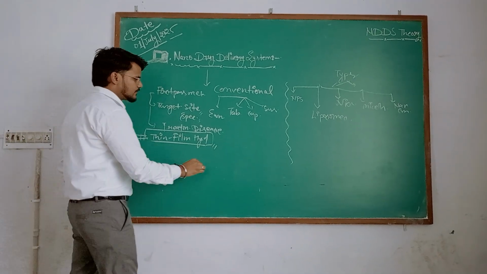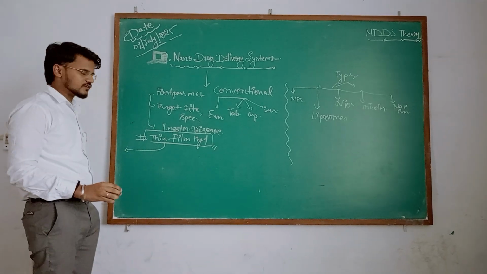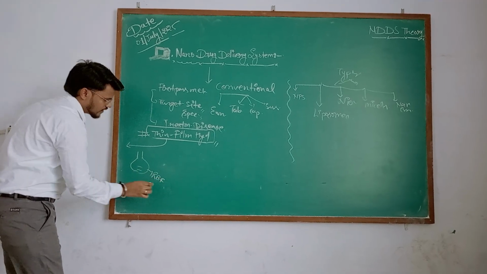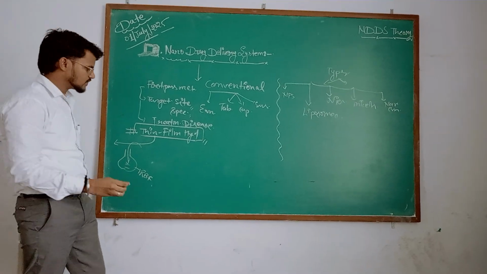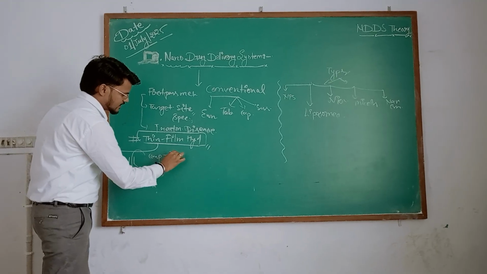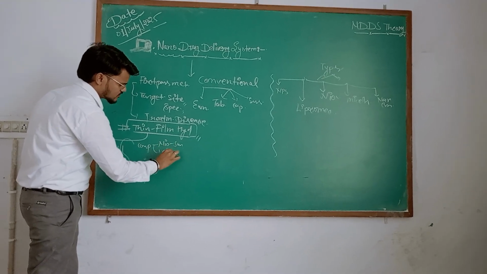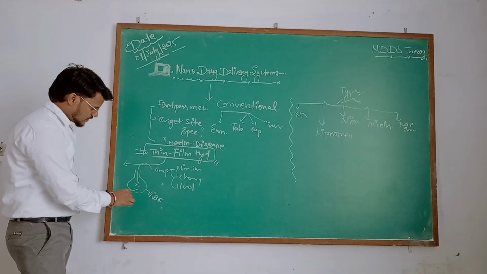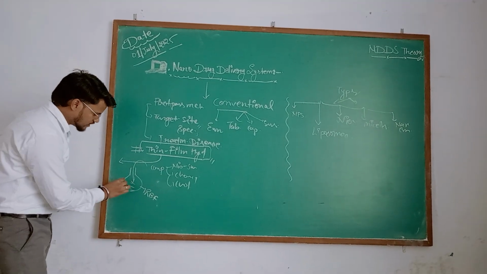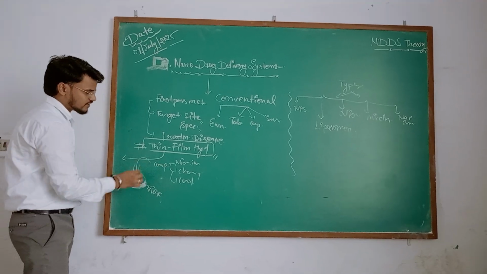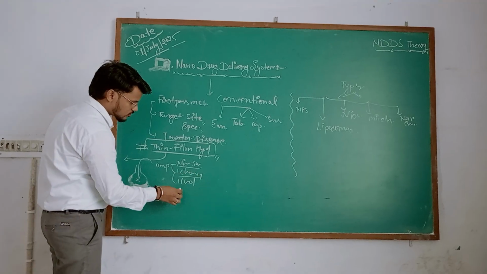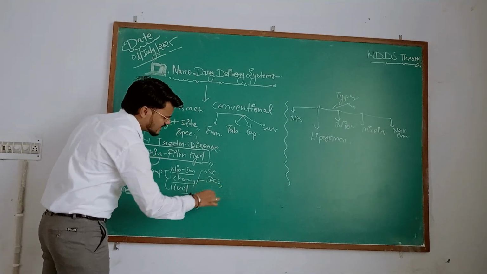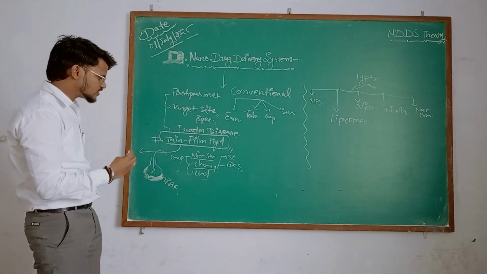In this, we first prepare the thin film on the RBF, for which we take the compositions: non-ionic surfactants, charged molecules, and cholesterol. We prepare the thin film on the wall of the RBF using non-ionic surfactant, cholesterol, and charged molecules such as SC, DSC, and diacetyl phosphate.